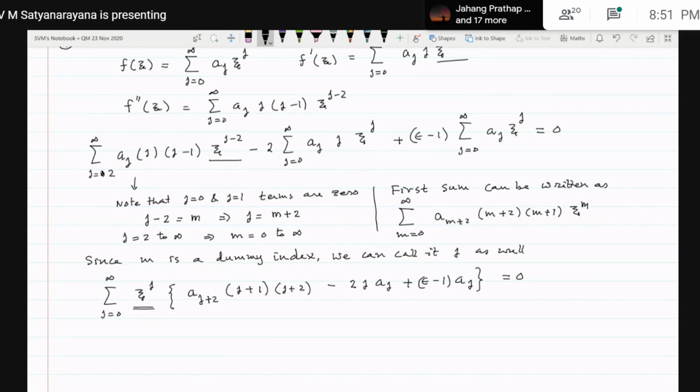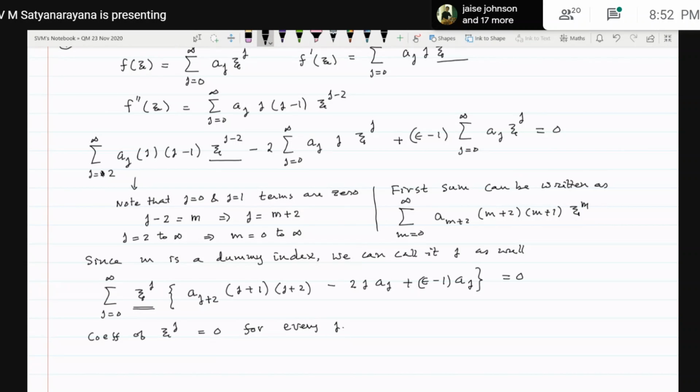So now this coefficient has to be 0 for every j, because these 1, xi, xi square are all monomials which are linearly independent, and the coefficient term by term should be equal to 0. So that is, the coefficient of xi to the power j should be equal to 0 for every j.